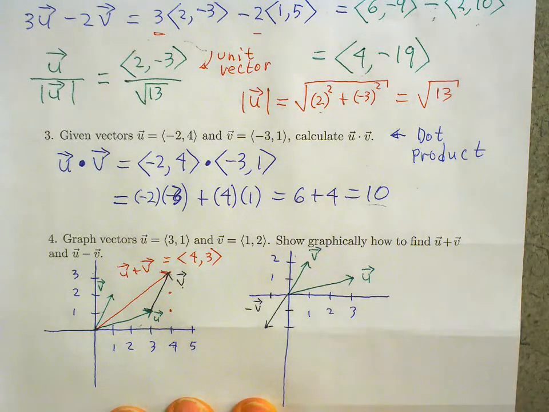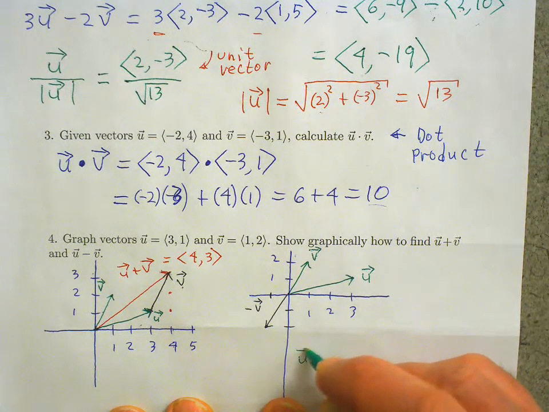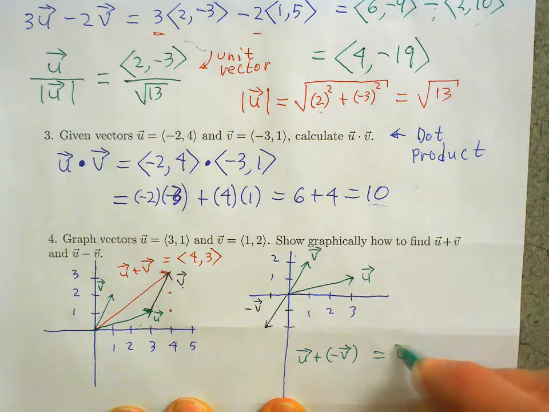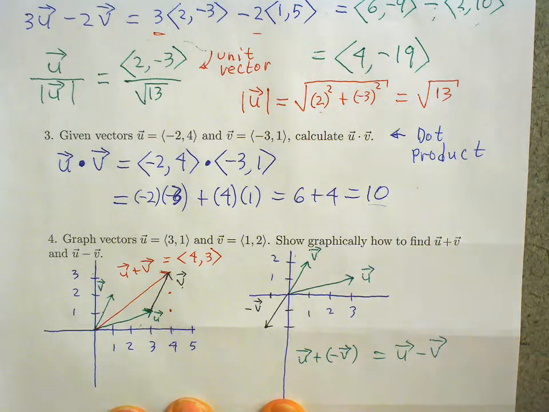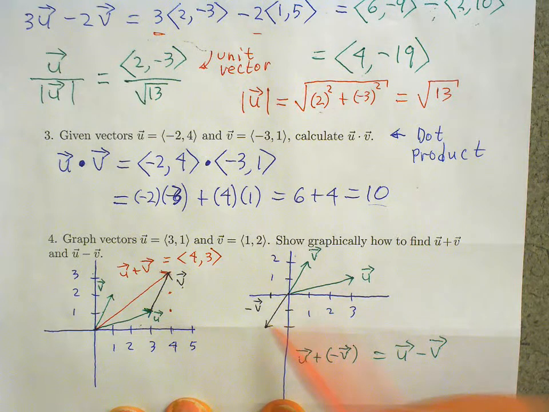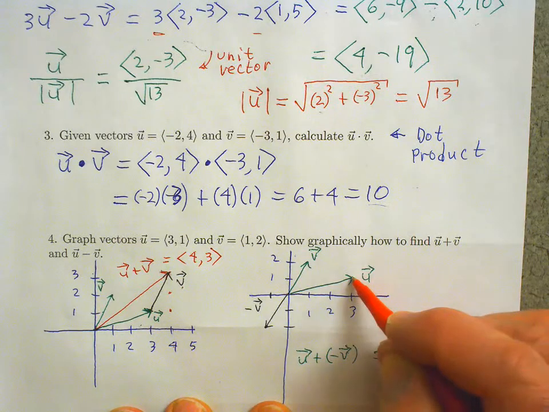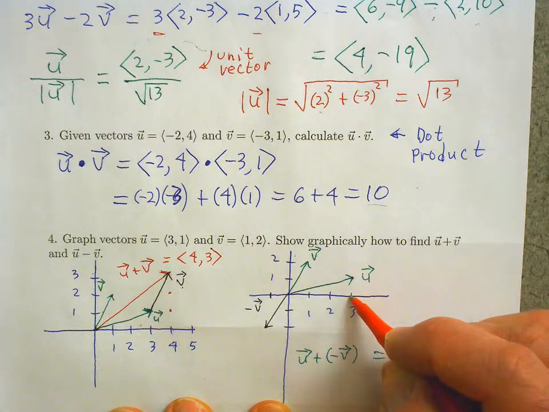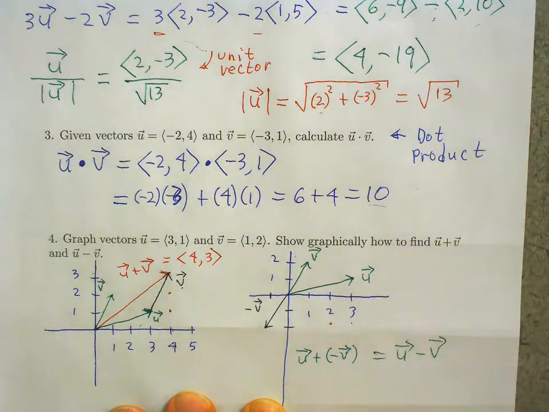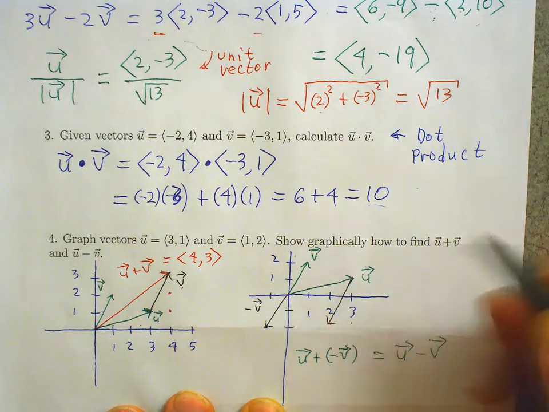Okay, so we're adding u plus negative v, which is u minus v. We translate vector negative v so that its initial point is at the end point of u. And so from there, we move down 2 and to the left 1. Okay, so there is vector negative v.